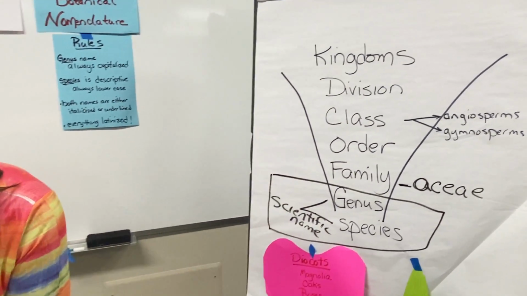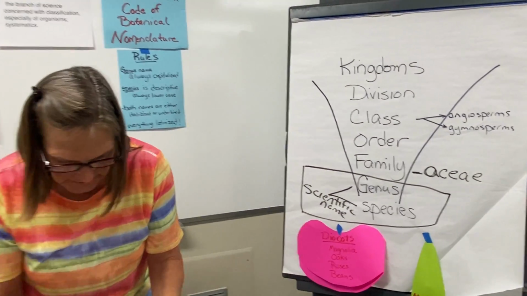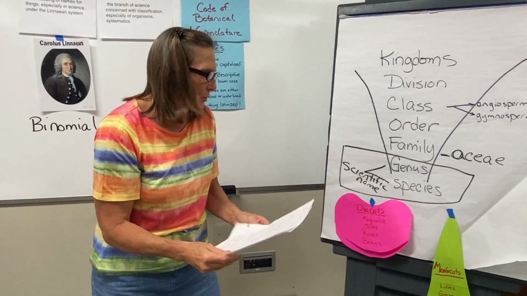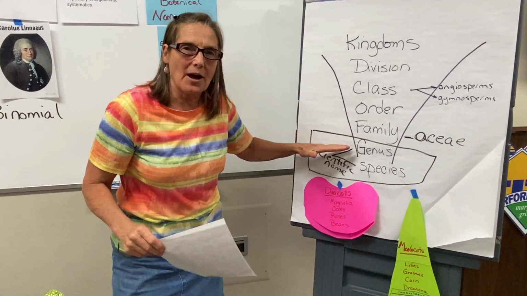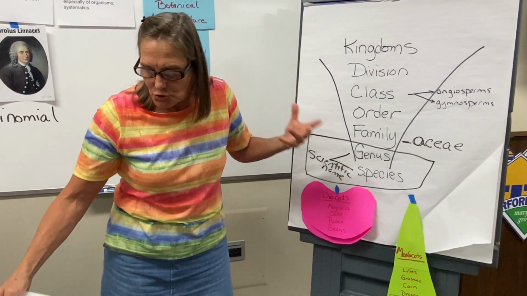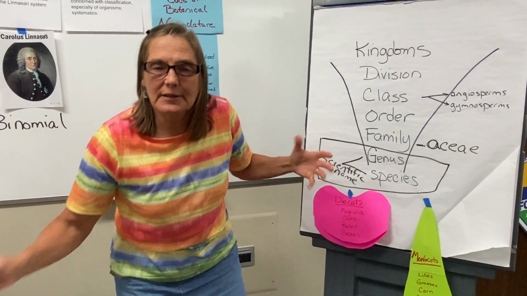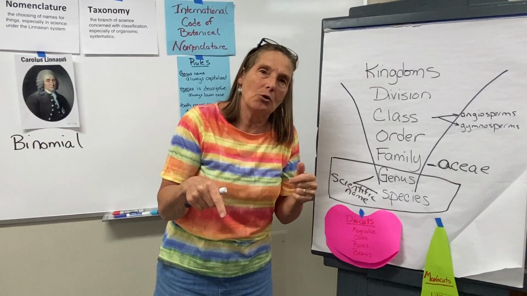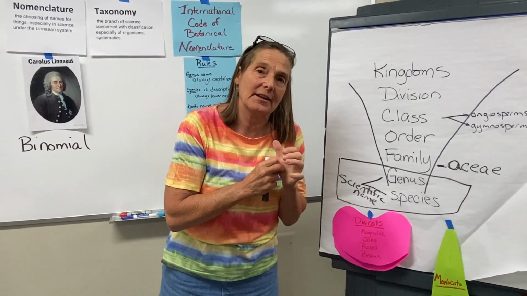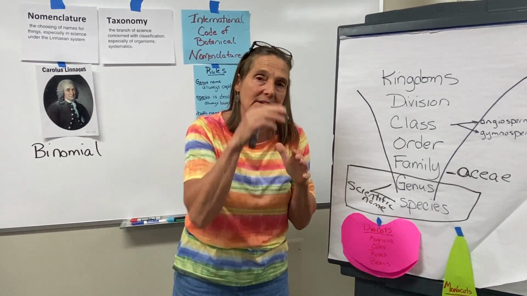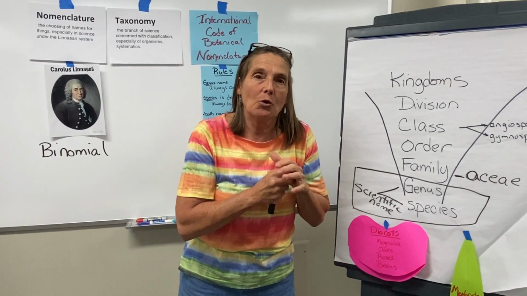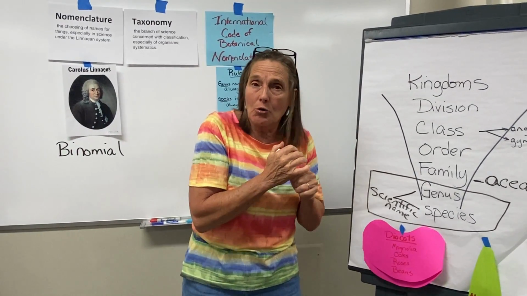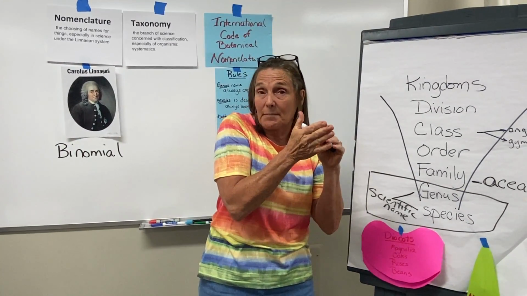So let's see, what other facts do we have to know about our genus species? We talked about the rules. Now, sometimes plants like dogwoods that live in Florida are different than the dogwoods that live up through Connecticut and Maine, even though that's an East Coast plant. So within that, you have dogwoods that like cooler climates.